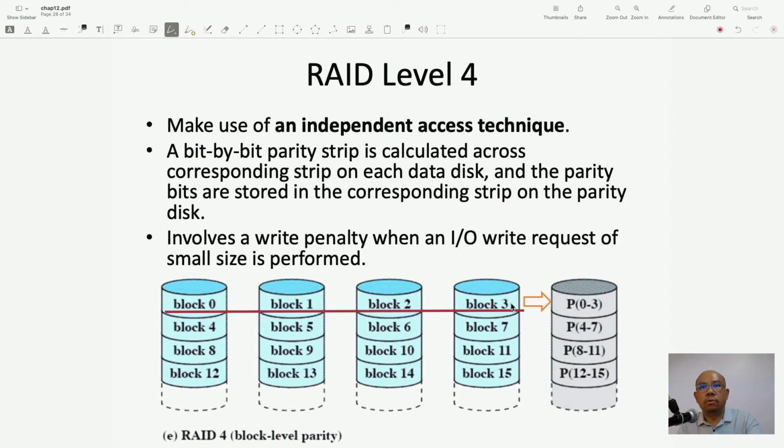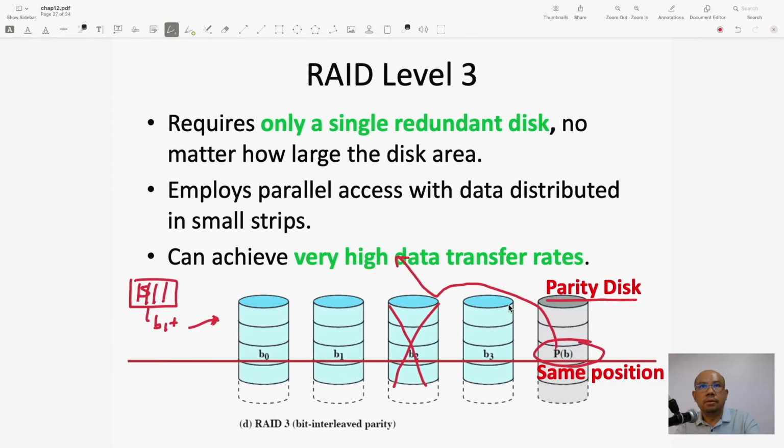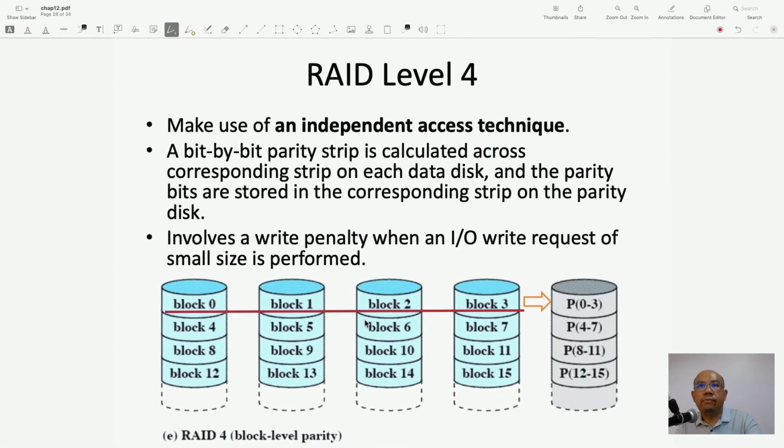Now level 4. Level 4 changes from level 3, because level 3 works at the bit level, but level 4 works at the block level. A block is created from a sequence of bits. The strip is very large, the block is in between, and the bit level is very small.